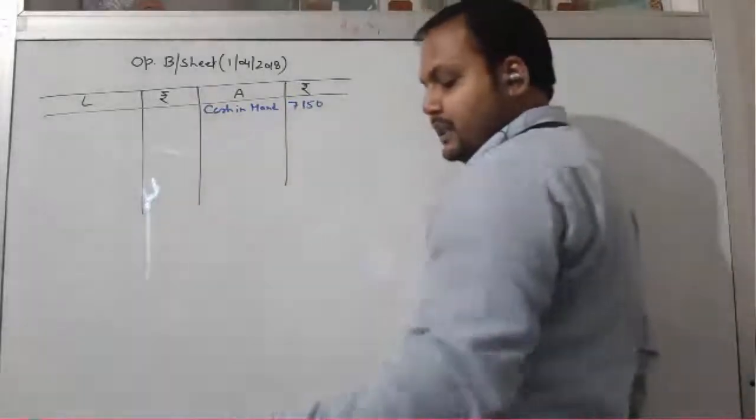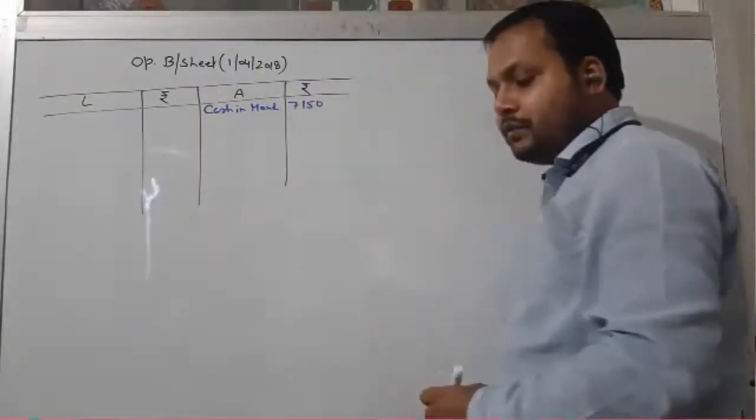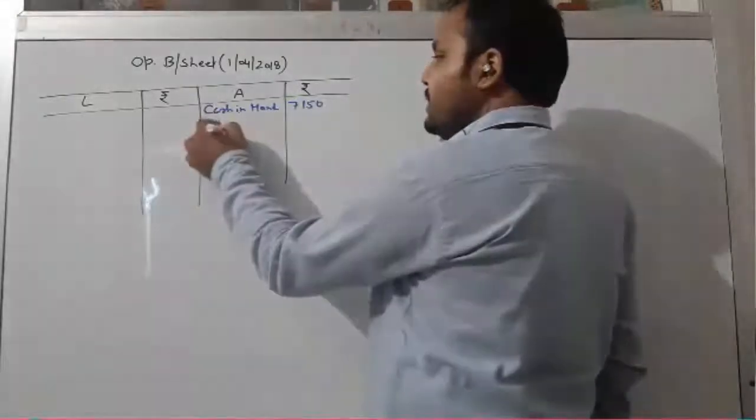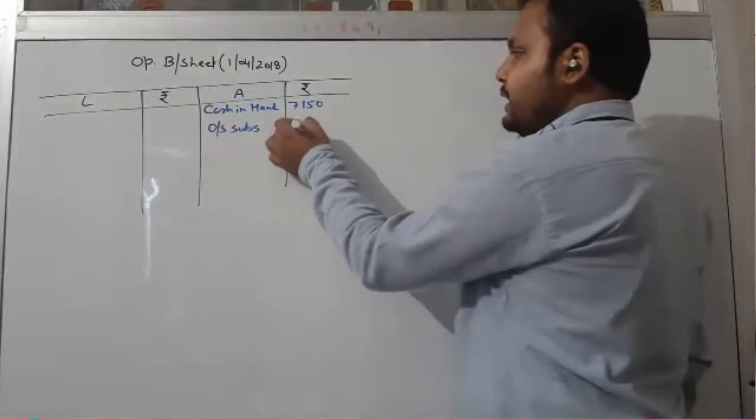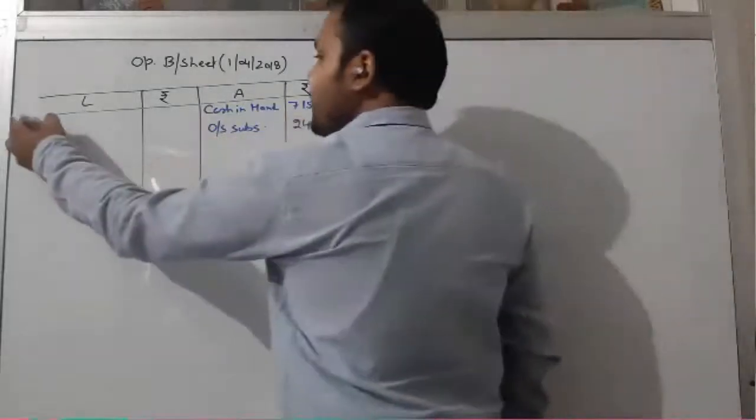Next information is outstanding subscription, as you can see in the additional information, outstanding subscription is 250. Advance subscription is a liability.